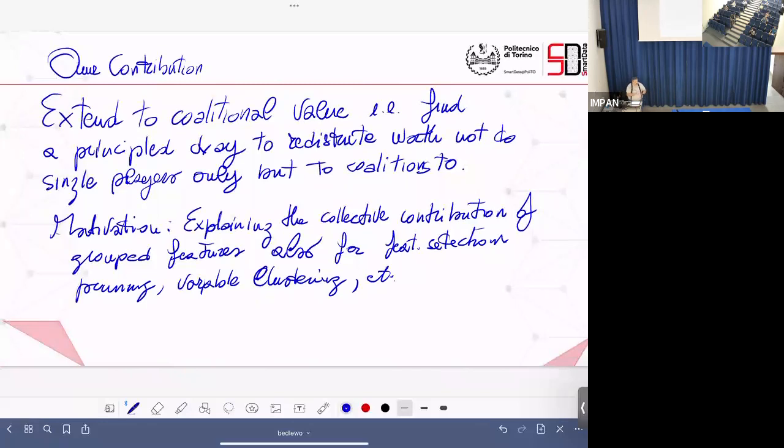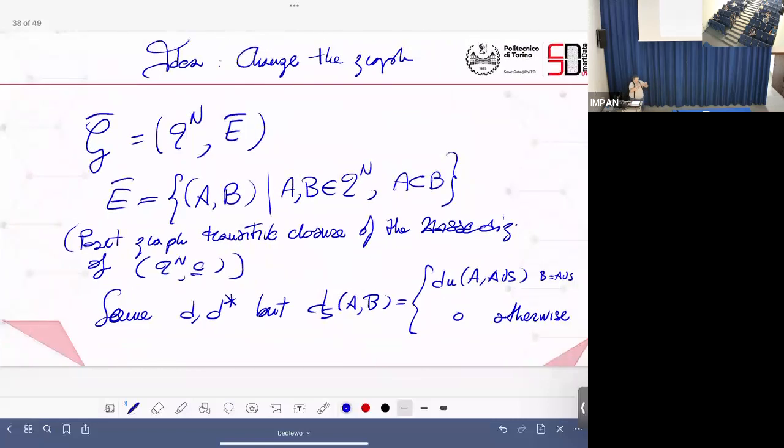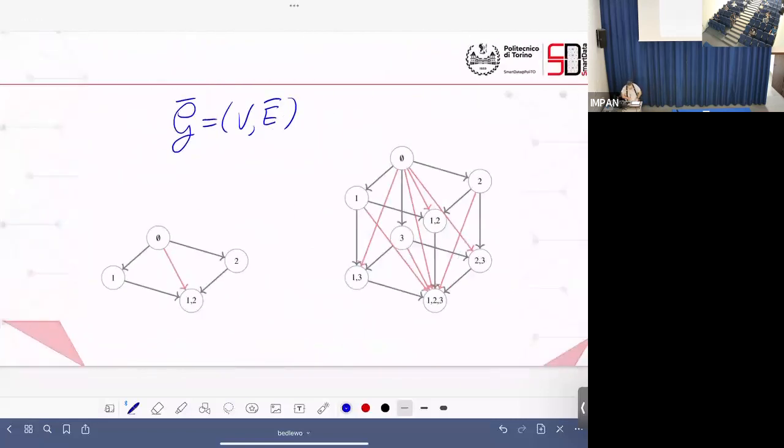Our idea was very simple. Take the graph we have seen before, but instead of taking only edges like the cube, we take it full. Take all comparable sets, and try to understand what is the contribution of a coalition S with respect to a coalition T.